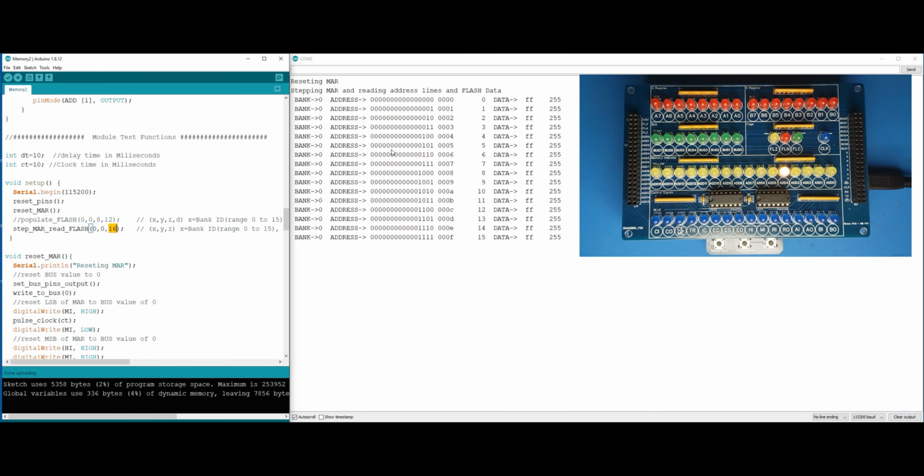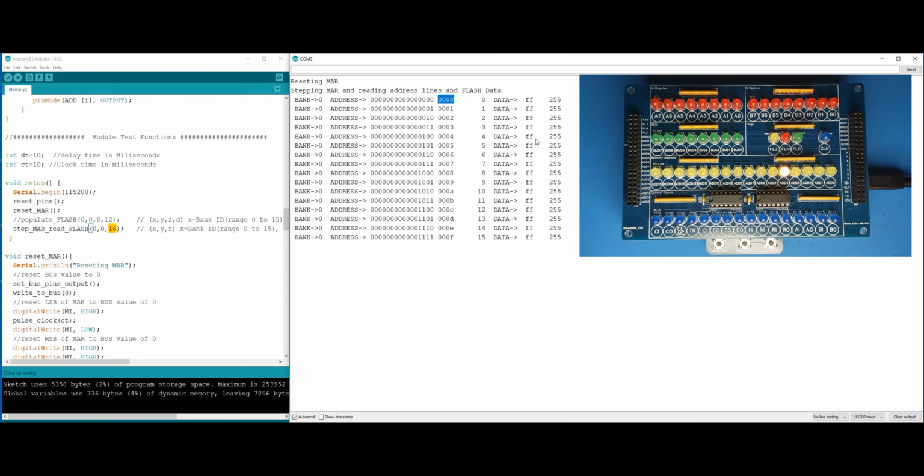All right, as you can see, we started from bank 0, which is shown here. And then we are starting from sector 0. That means that we are starting from address 0, and we are outputting the data on the screen.